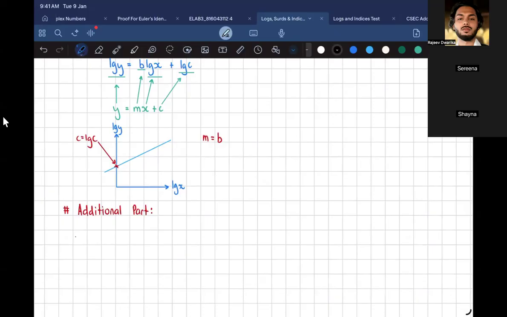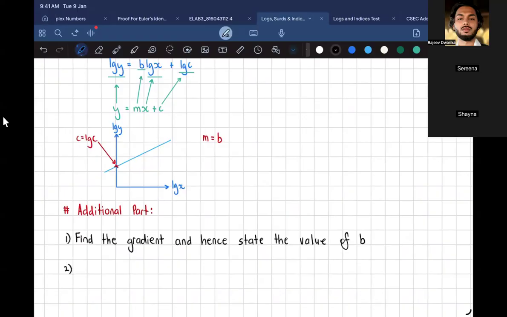In these types of questions, they would tell you: find the gradient and hence state the value of b. That's one question they would ask you.